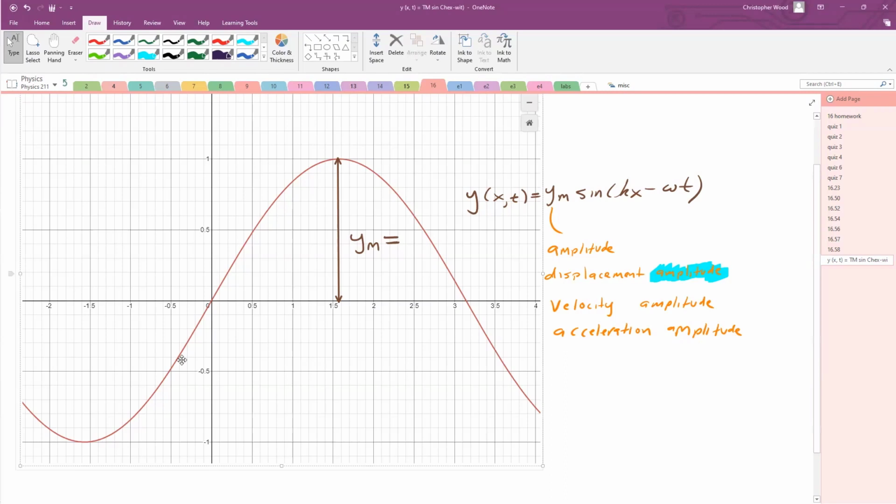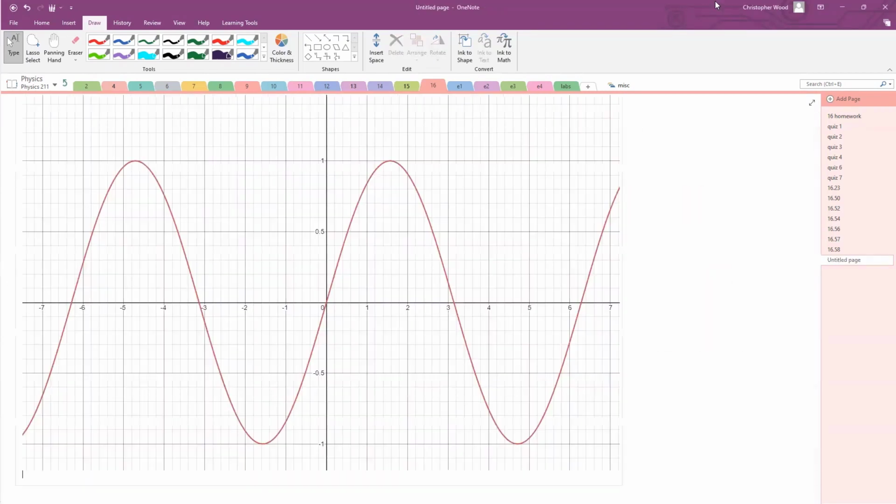Okay, so let's use this instead. If this is my y-axis, my amplitude, I'll use those terms interchangeably. Y could be the y-axis or the amplitude axis. This might be the x-axis or position axis. If this is the x-axis, then from this crest to that crest is a wavelength.